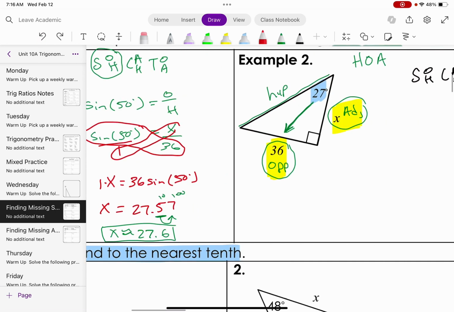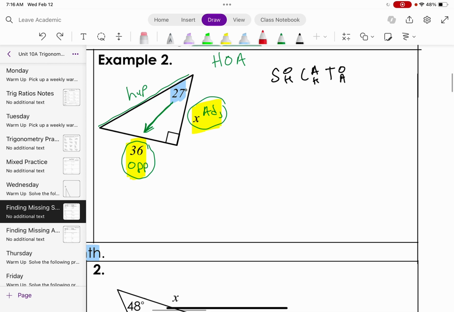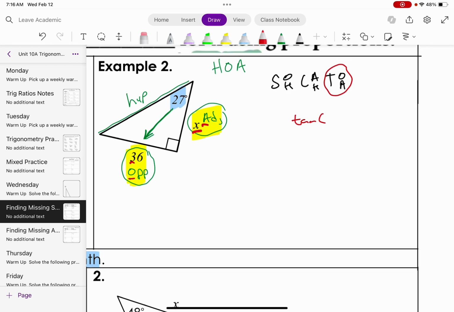Okay? So go back over here. You got A and O, that would be tan, okay? So we have tan. Now we're going to use our trig function. We ID'd it, so then tan of 27 degrees is equal to opposite over adjacent.